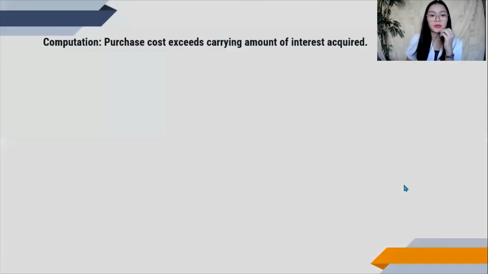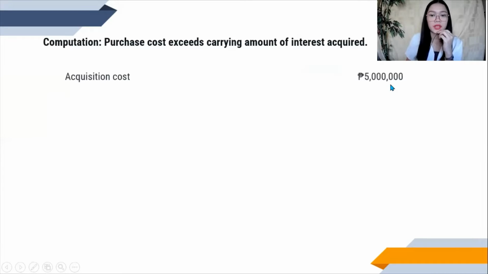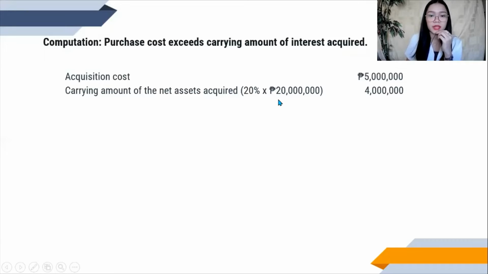So magkano nga ba yung excess of cost natin over carrying amount of the interest na na-acquired natin? So magkano yung acquisition cost natin? We have 5 million. Magkano na yung carrying amount ng net assets ni Sweetie Company? We have 20 million. But only yung share lang natin yung i-compute natin for the determination dun sa excess.